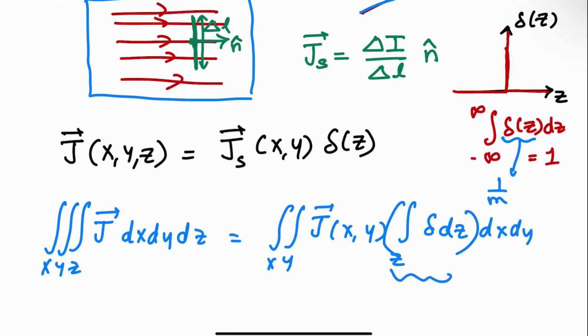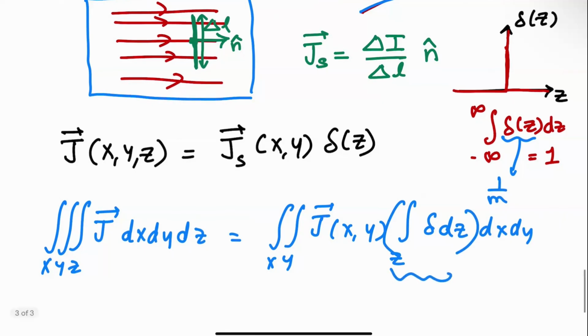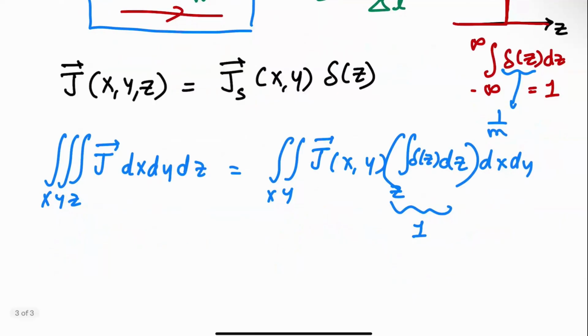But what is this? This is nothing but 1. So that means this has been reduced to the integral over x, y of Js dx dy.